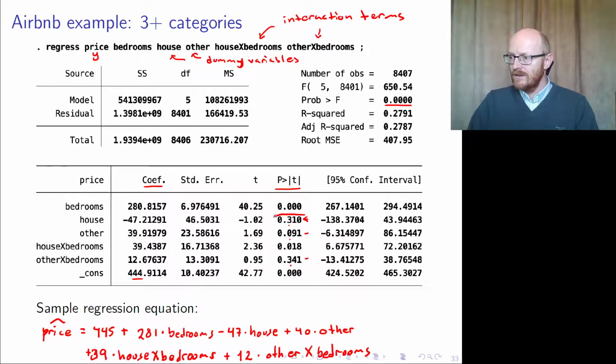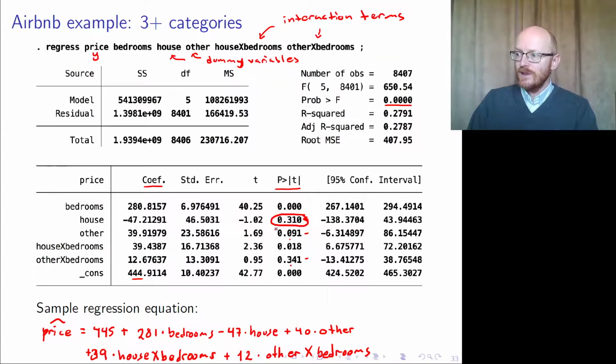Okay, so this is the statistical test for the coefficient on the house dummy variable. It really says, is the intercept for property type house different than the base case, which is apartments.